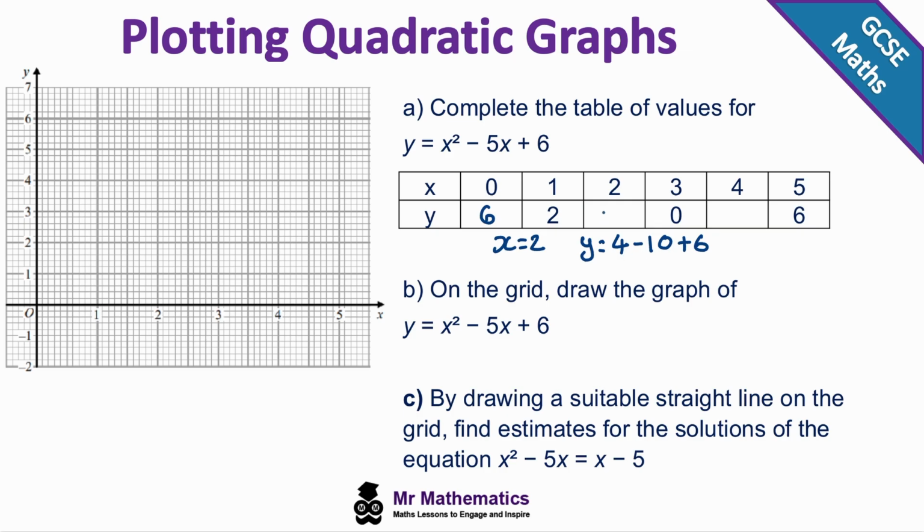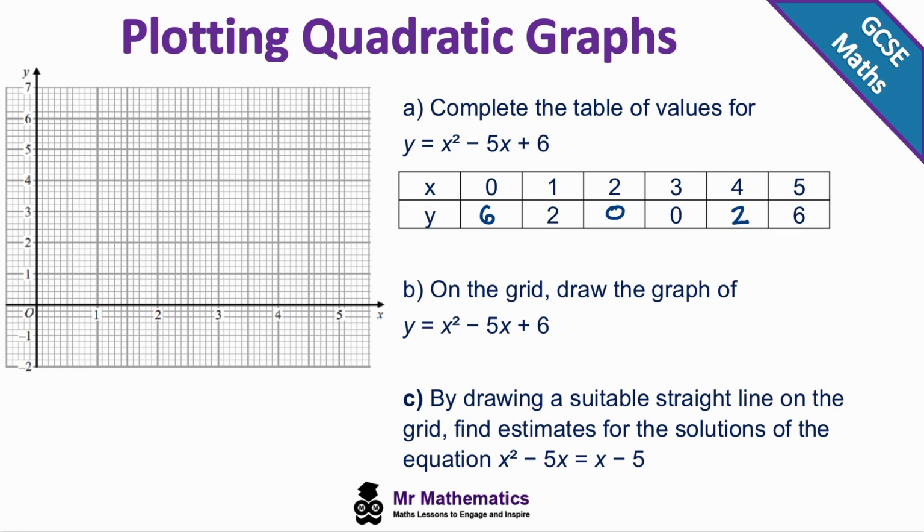Negative 6 plus 6 will give us 0. When x equals 4, y will be 4 squared minus 5 lots of 4 plus 6. 16 minus 20 plus 6. This will give us 2. How did you get on with that?